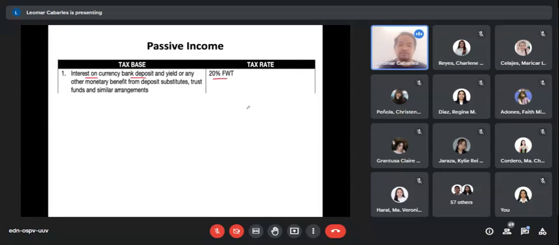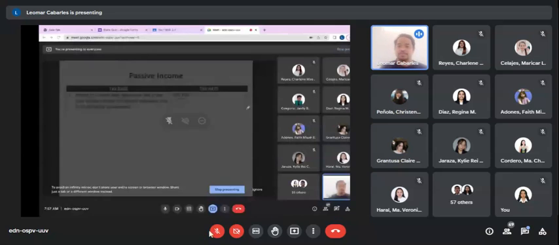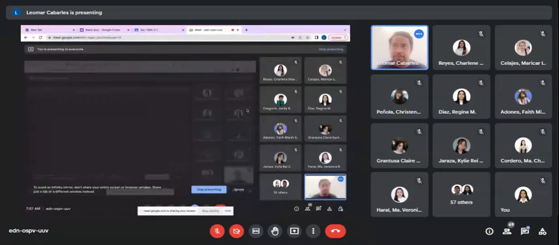20% final withholding tax. So, for example, si Jollibee. Jollibee is a domestic corporation, an ordinary corporation. No? So, let's say meron siyang 1 million pesos na deposit kay Banco de Oro, and it earned 1,000 pesos.